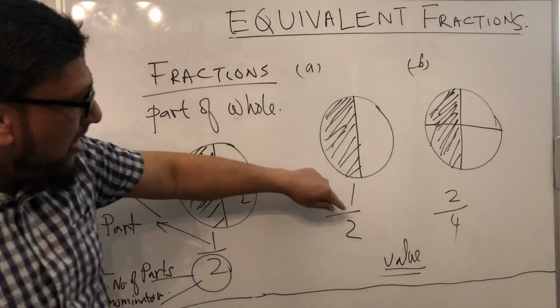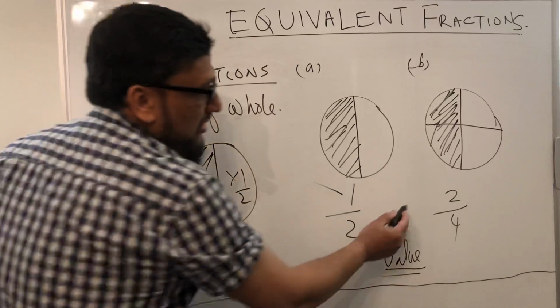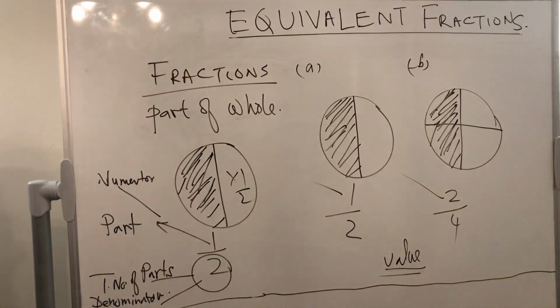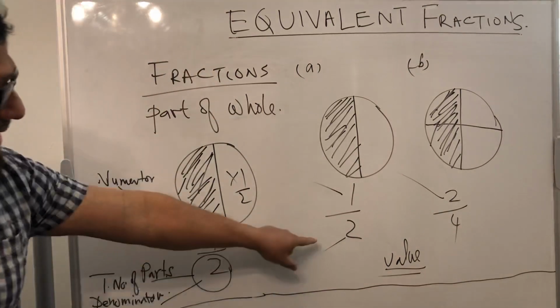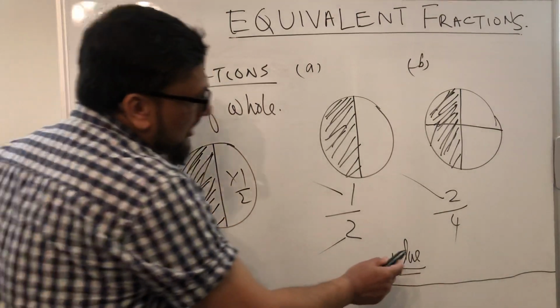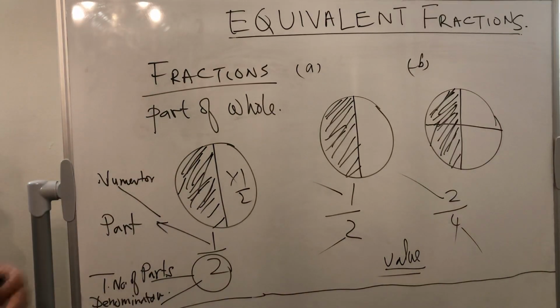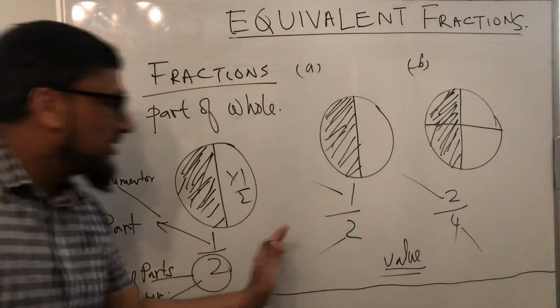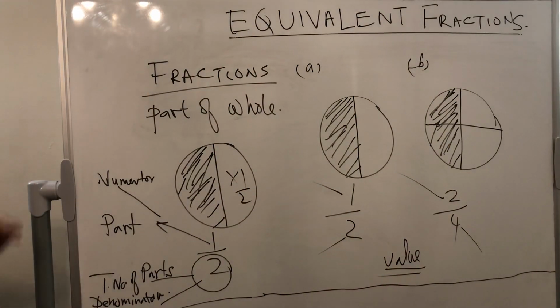Here the numerator is 1, but here the numerator is 2. The denominator is 2, but here the denominator is 4. So the numbers are different, but the value is the same. This is called equivalent fractions.